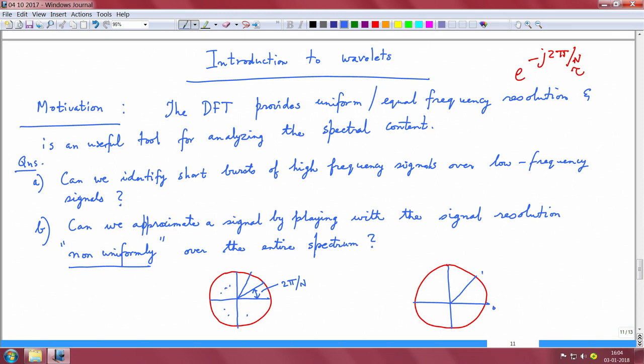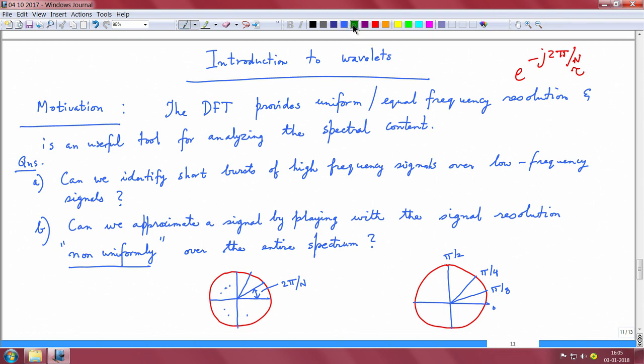So this is say 0, this is say pi by 4, this is pi by 2, then this cone in 0 to pi by 4 can be further split to pi upon 8 and so on. So therefore there is a sort of non-uniform emphasis for the frequency bands, right, and this is the distinction that we have to start with when we play with approximating signal with such non-uniform signal resolutions across the spectrum.